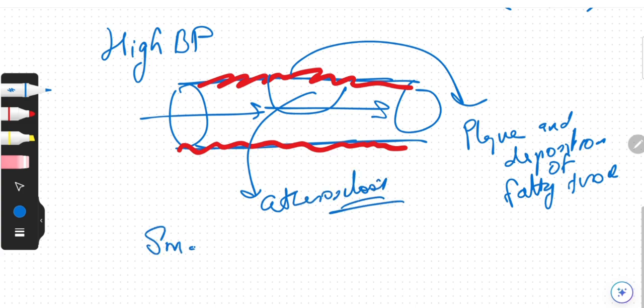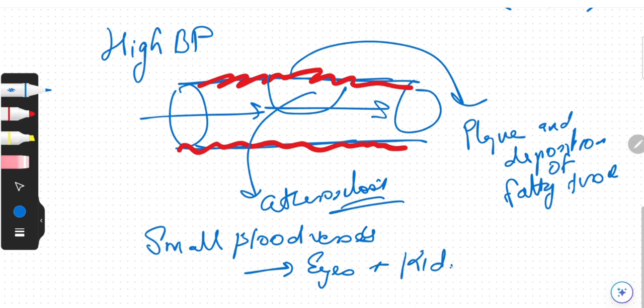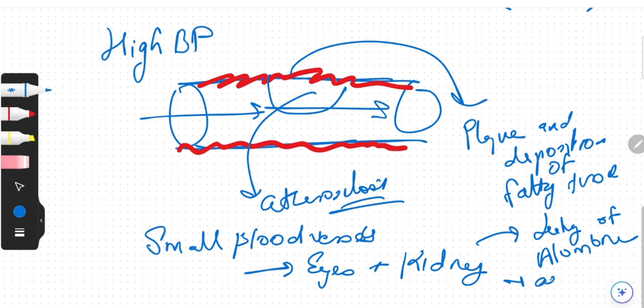Well, small blood vessels affect the eyes and the kidney. In the kidney, what all happens? There will be leakage of albumin, that is proteins, and also in chronic cases, kidney failure.